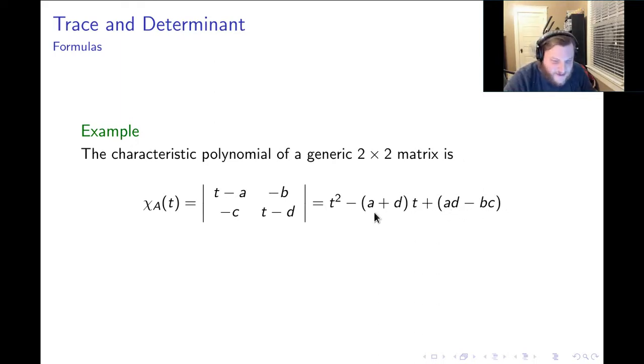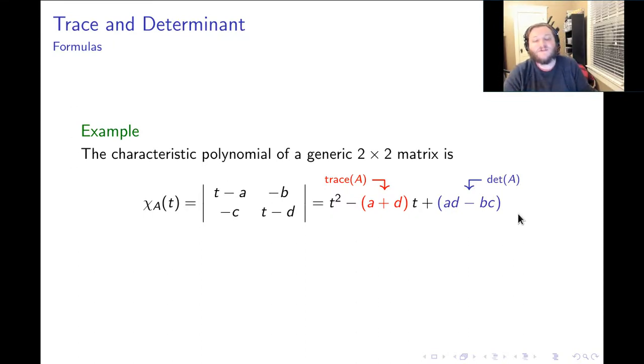And if we stare hard at this, we realize that the coefficients of this quadratic are relevant to the matrix. The coefficient in front of t here is negative a plus d, while a plus d is the trace of our matrix. So the coefficient of t here is negative the trace. Then, when we look at the constant coefficient, ad minus bc, we realize that's the determinant of the matrix.